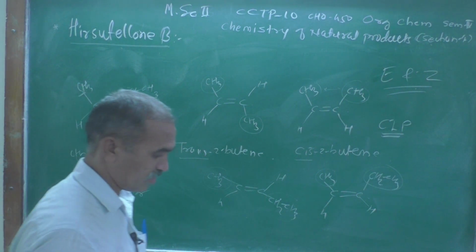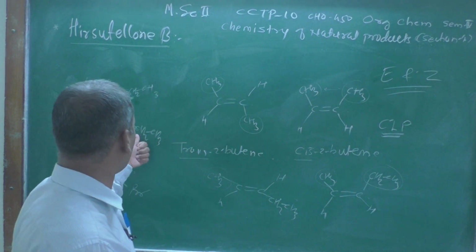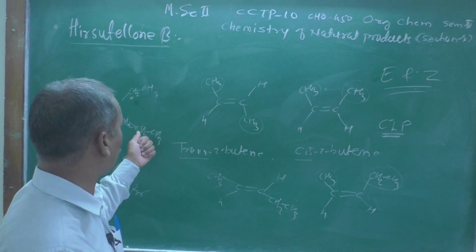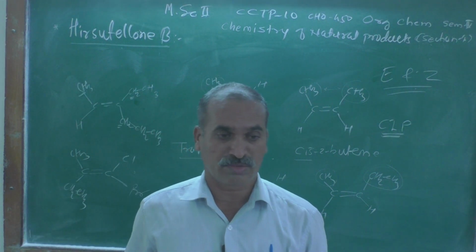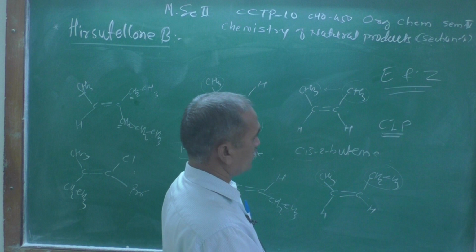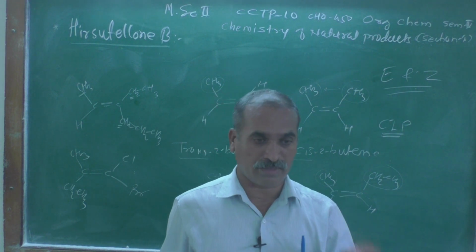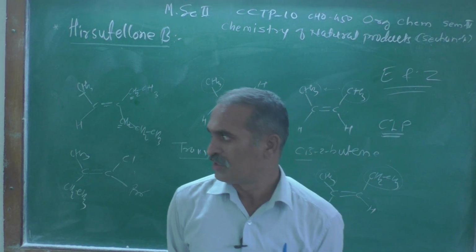Then go for the next atom. The next atom is a carbon, here also a carbon, but this carbon is further attached to something. So like this, that is the second rule. The third rule is regarding carbon-carbon double bond or triple bond.